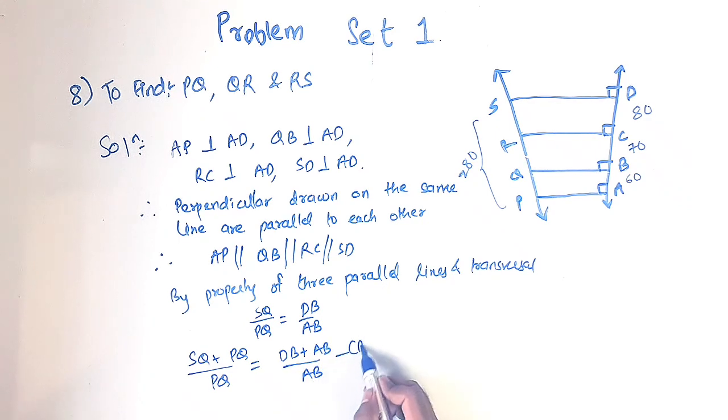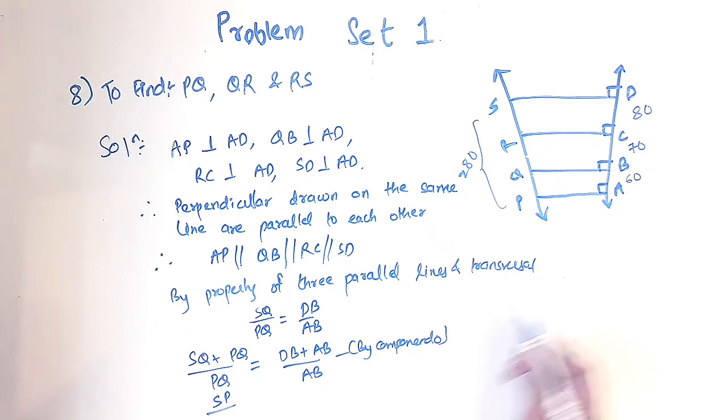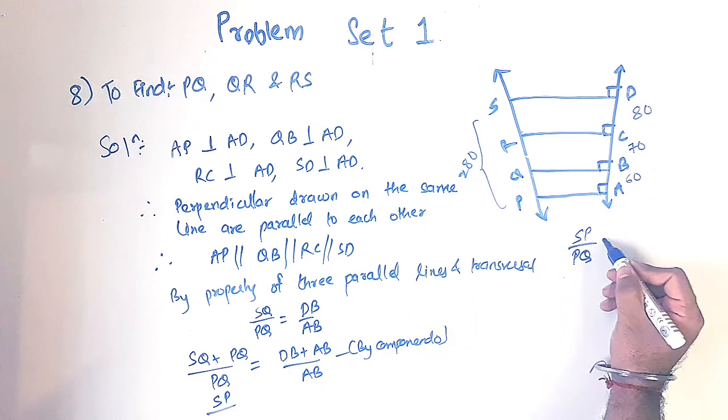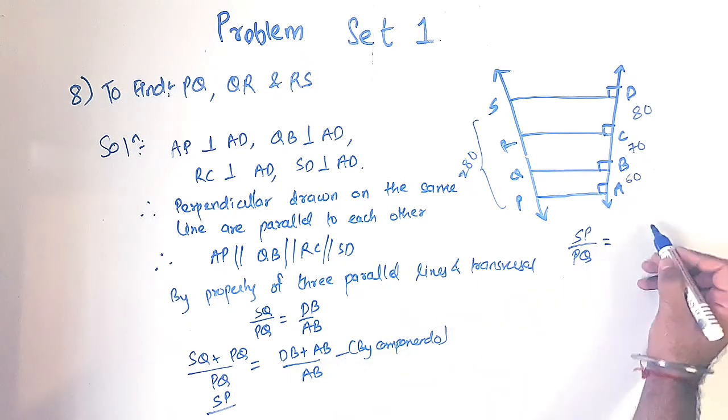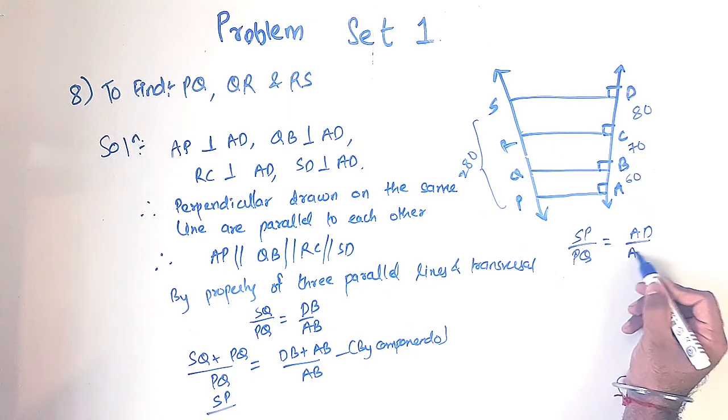This is called componendo. Now SQ plus PQ is SP, yes or no? So this is SP, I'll write it here, SP upon PQ equals, this is AD upon AB.